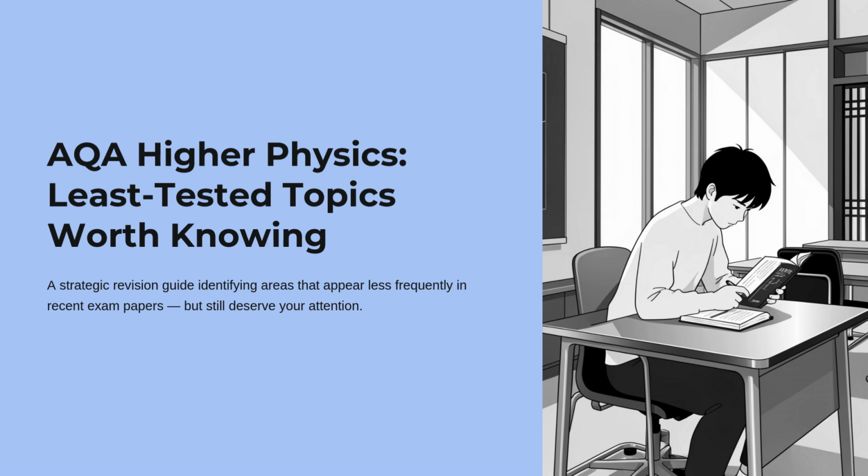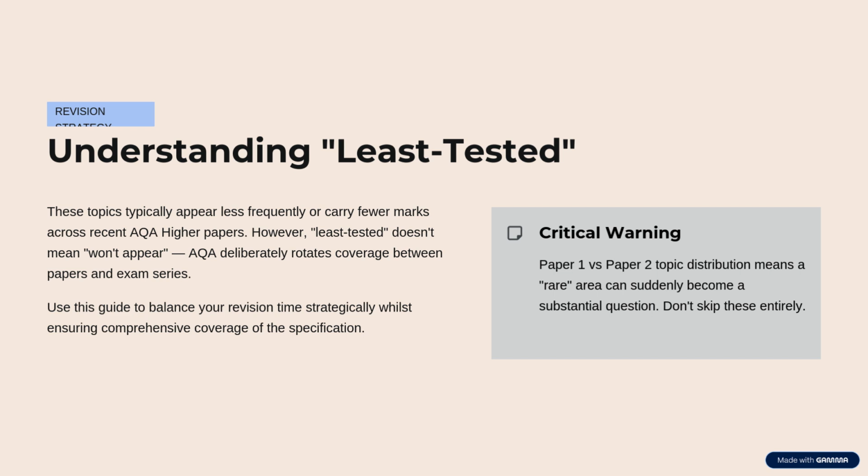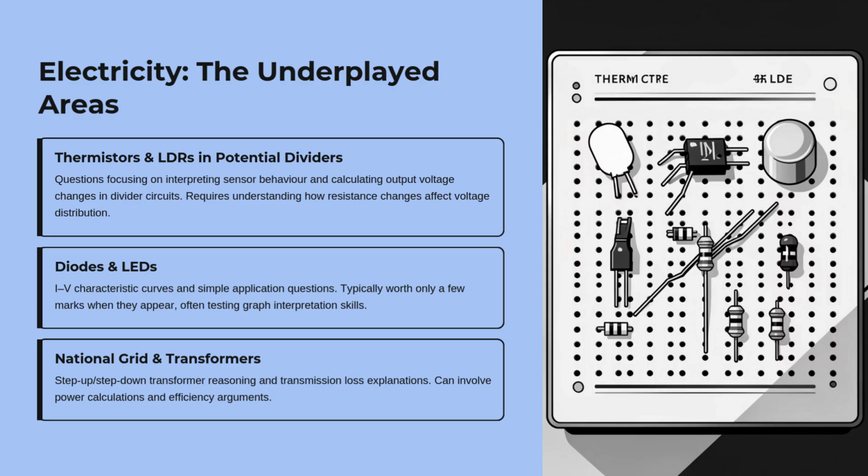So let's have a look at the least tested understanding topics. Now, we're talking about paper 1 here, and the first topic that has some underplayed areas is electricity. Those are the bits that pop up inconsistently, but when they do, they test understanding, not just your memory.